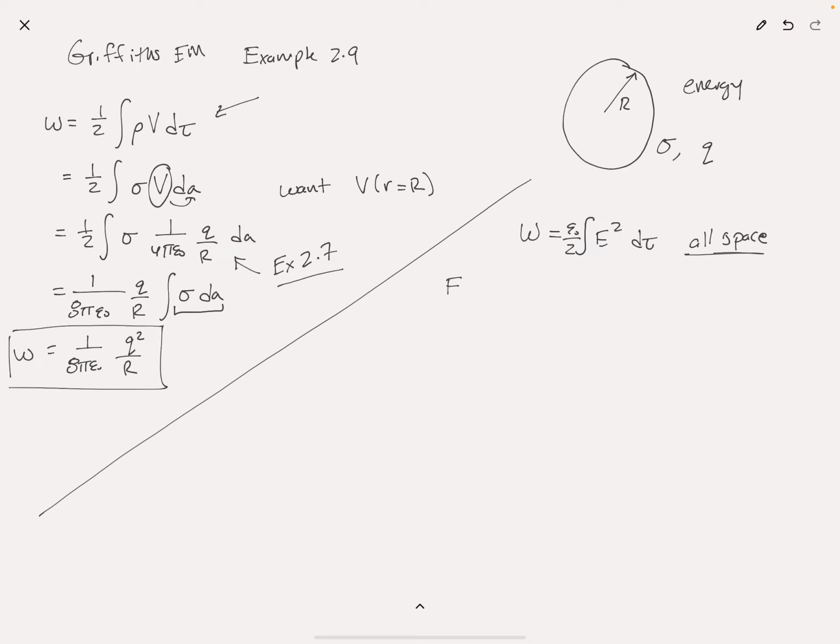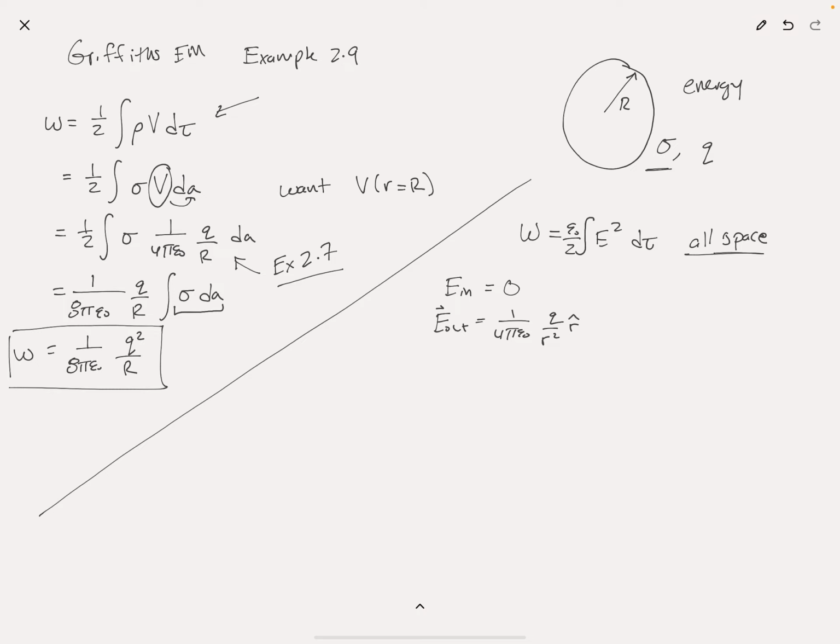Inside of our charged shell, the electric field is 0. Gauss's law gives us 0. Outside, we've done this a couple of times probably. This is 1/4πε0 Q over r squared in the r hat direction.